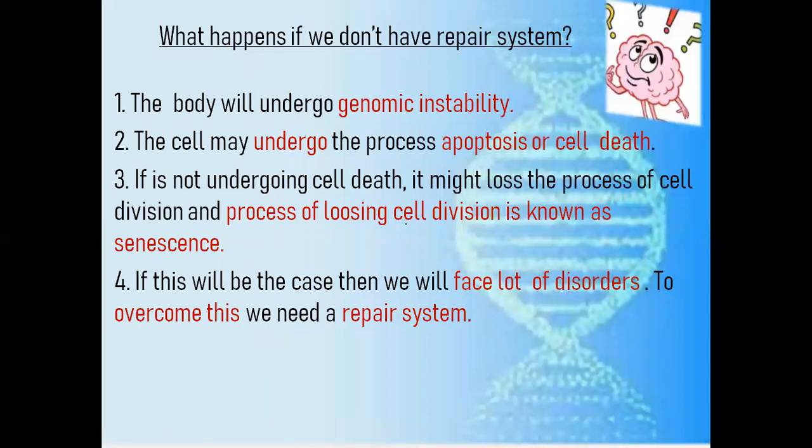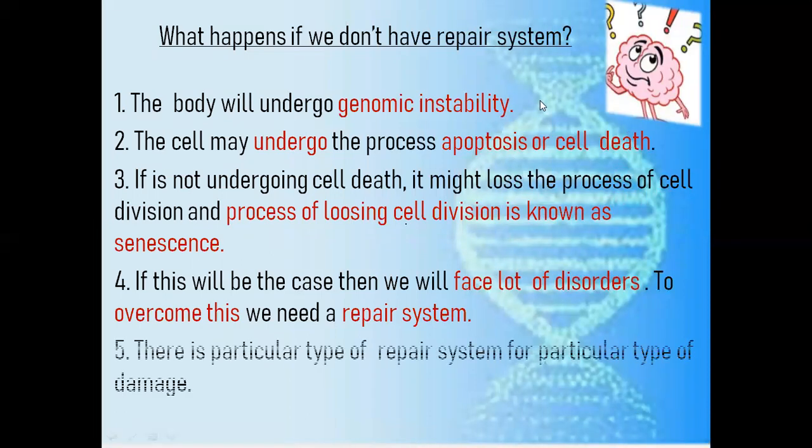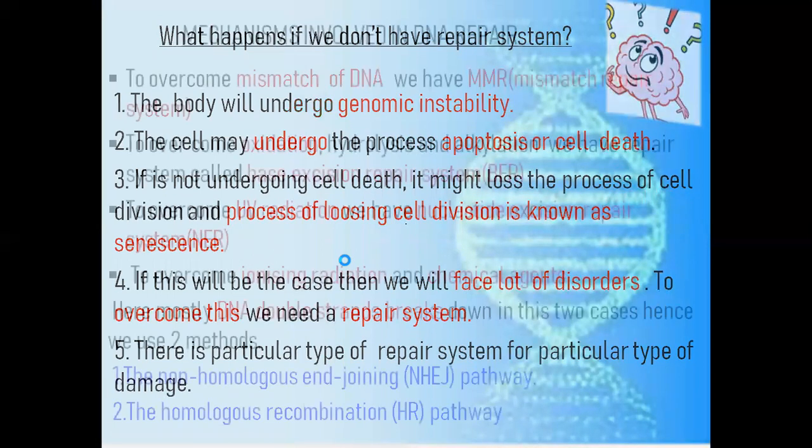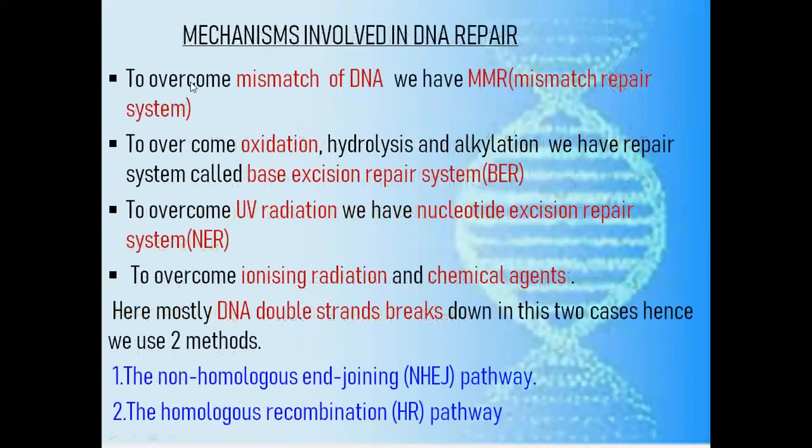To overcome this, we need a repair system, and there is a particular type of repair system for a particular type of damage. The mechanisms involved in DNA repair are: for mismatches, we have the mismatch repair system. To overcome oxidation, hydrolysis and alkylation, we have the base excision repair system.